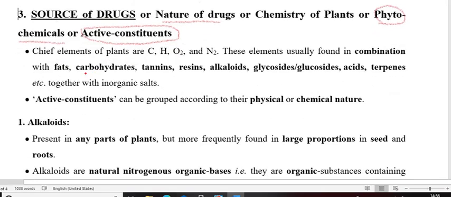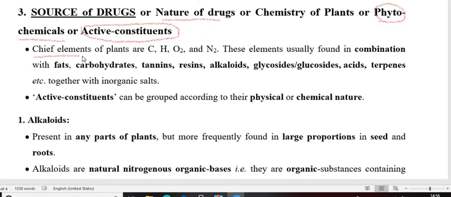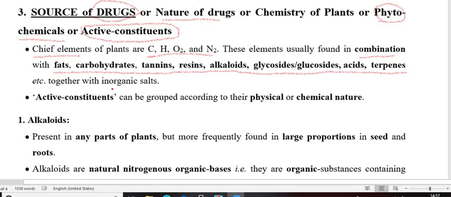So in this, the main elements that a drug or the active constituent of a plant has are carbon, hydrogen, oxygen and nitrogen, and these may be found in the form of combination with fat, carbohydrate, tannins, resins, waxes, alkaloid, glycosides, acid, terpenes, and this may be along with inorganic salt.